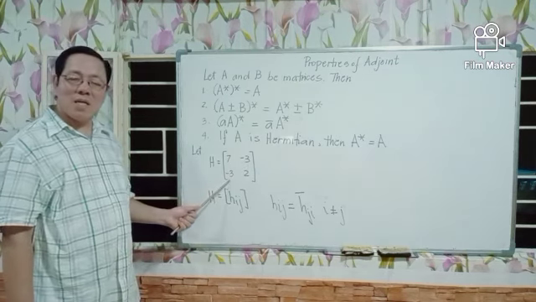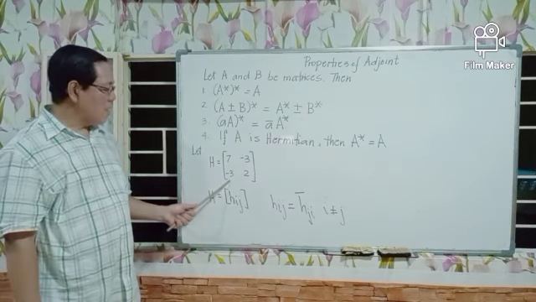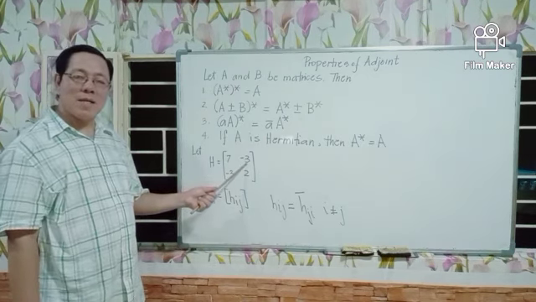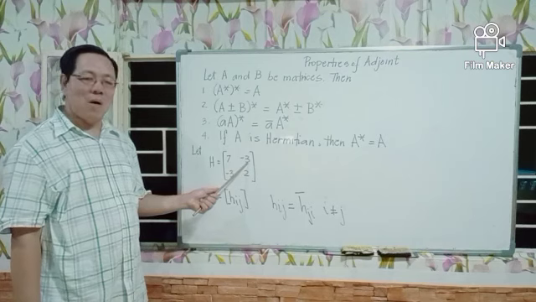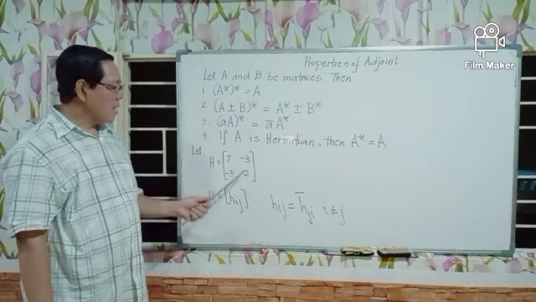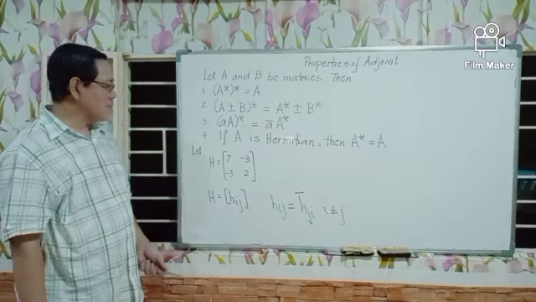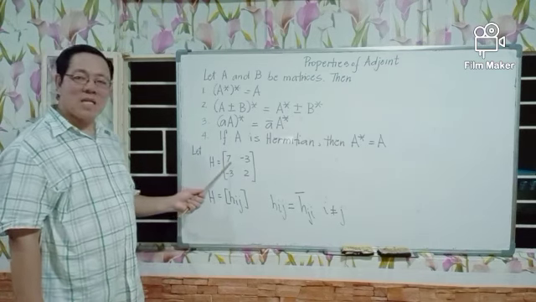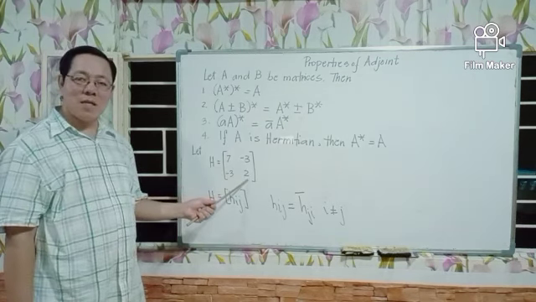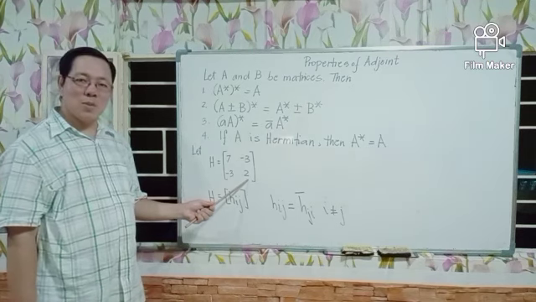Because negative 3 is a real number, its complex conjugate is equal to itself. And the complex conjugate of minus 3 is minus 3, which is equal to the entry in the first row and second column of this square matrix H. So there are no values of i and j that are not equal in this matrix, because for this entry, i equals j, first row and first column. And for this entry, i is also equal to j, where i is 2 and j is 2.